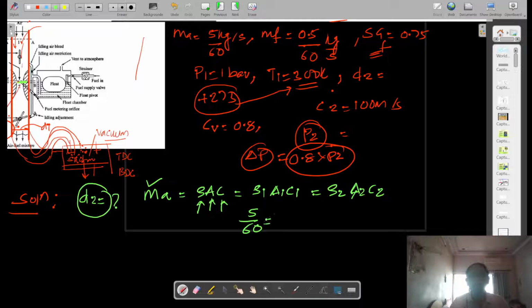5 by 60 is equal to, so these are the general formulas, rho A1 C1. I want to find D2.